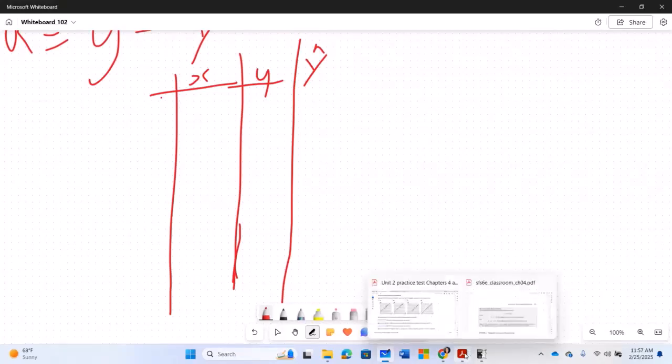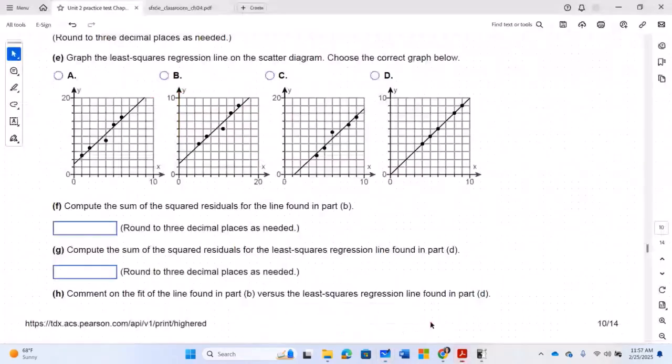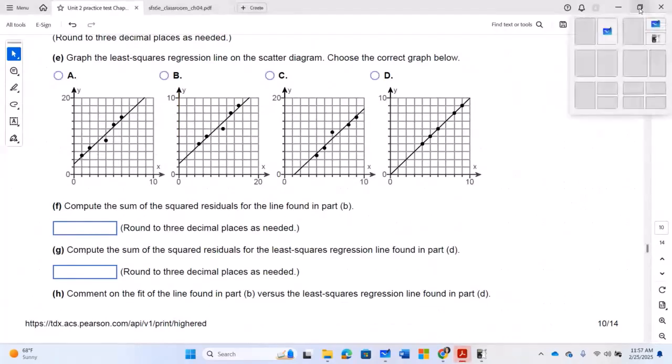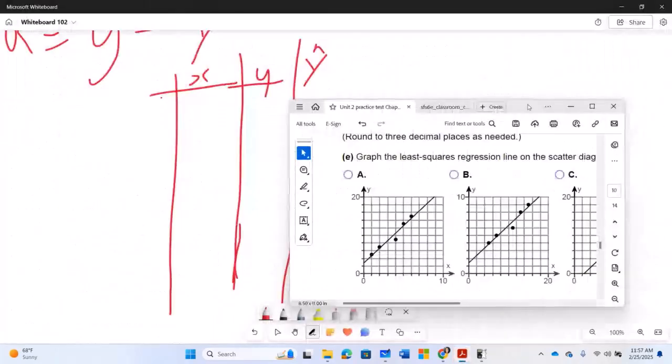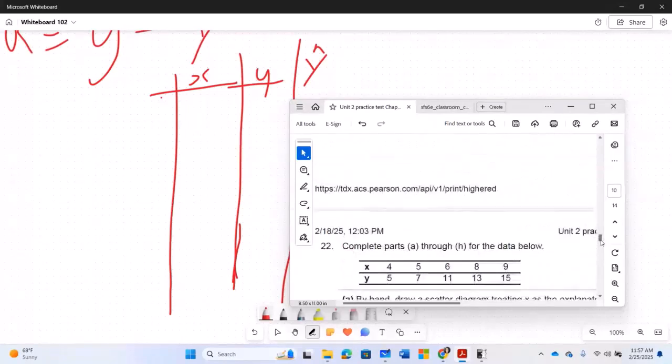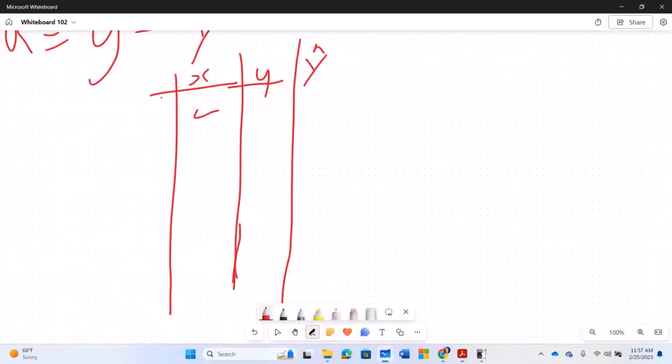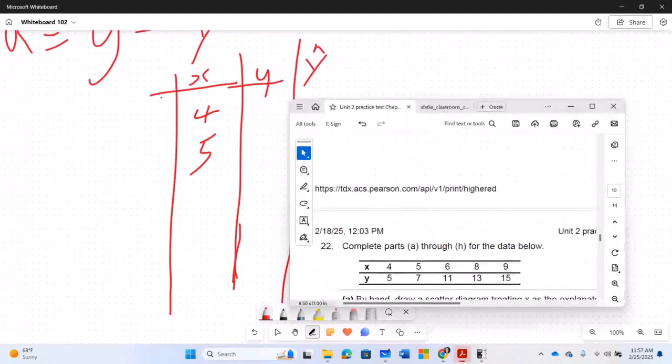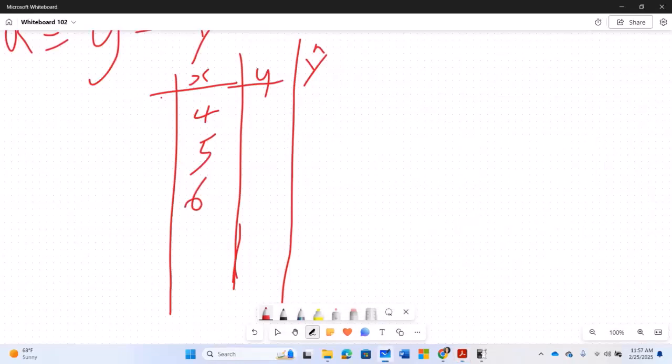So I am going to pull up the question, minimize it, so I can fill in the table. The values of x are 4, 5, 6, 8, 9.